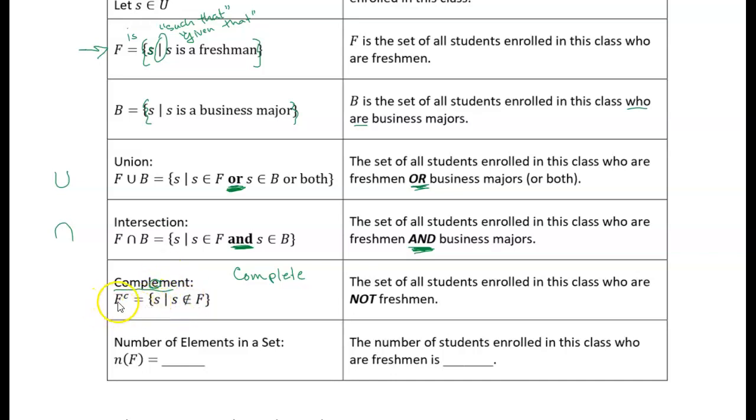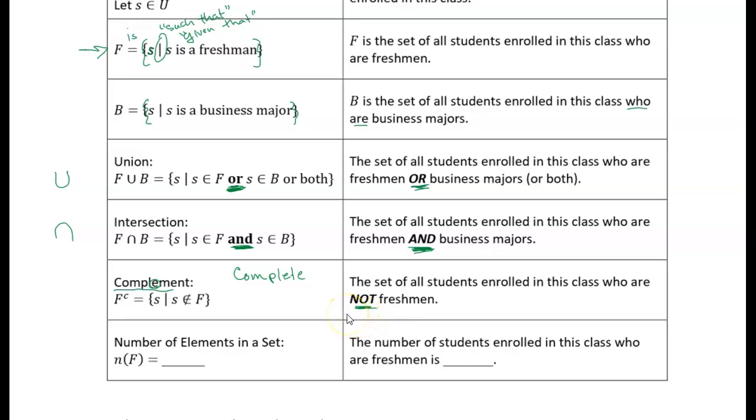So for example, F complement, those are all the students who are not freshmen. So you're either a freshman or not a freshman, right? And so F complement are the juniors and seniors and sophomores, right? So if you're not a freshman, you are part of the F complement set, okay? F complement, essentially, you can read it as "not," okay? So it's the set of all students enrolled in this class who are not freshmen, okay? That's what a complement means. It's just the opposite. It's the other part.